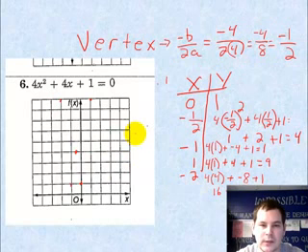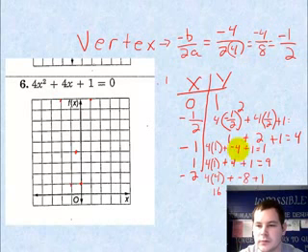So now let's check my bottom ones. I know the 0, 1 is correct. So my vertex must be wrong. So at negative 1/2, I have negative 1/2 squared is 1/4, times 4 is 1.